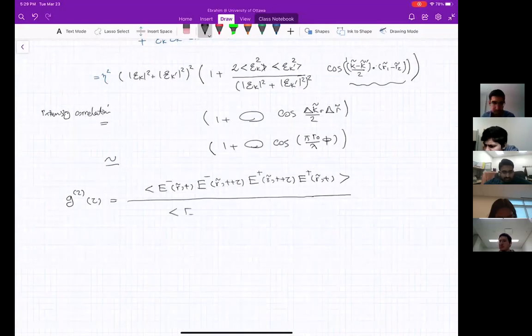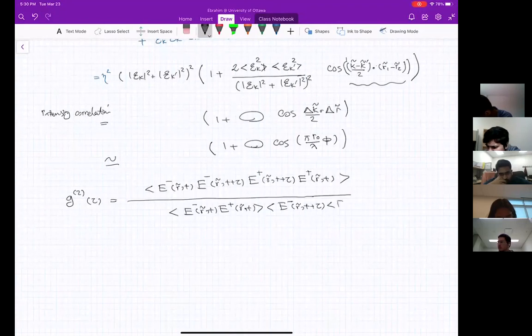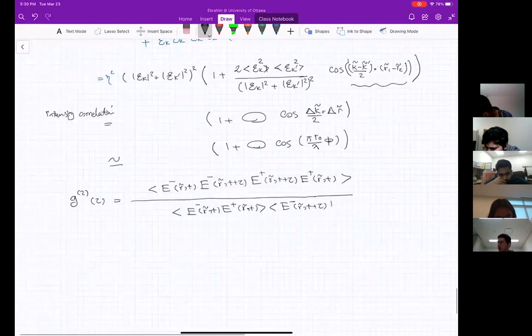I have E negative of R and T, E positive of R and T, E negative of R and T plus tau, E positive of R and T plus tau.